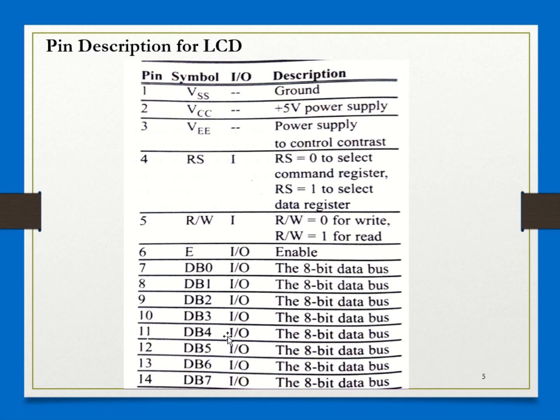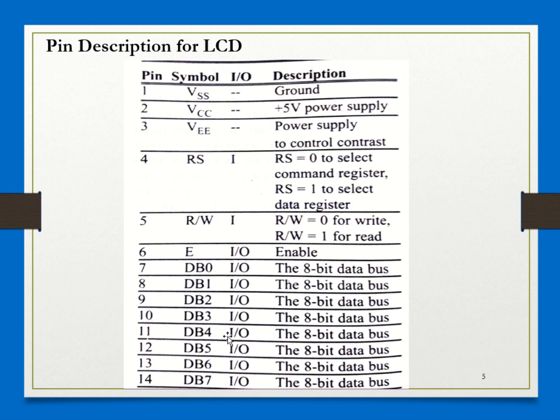So when we send the information, we have to send it to the data register first. By making RS equal to 1, via these data pins, you will send the information to the LCD to display.